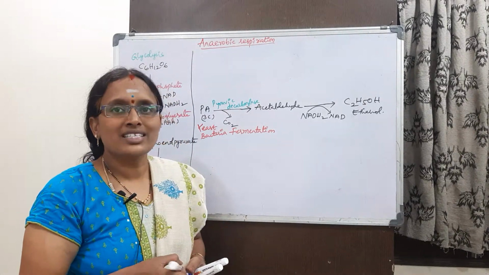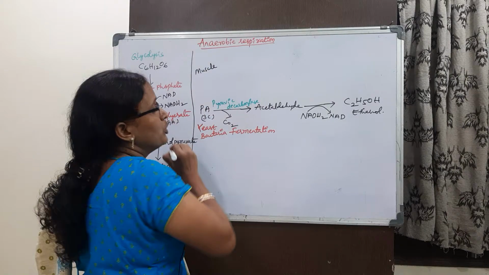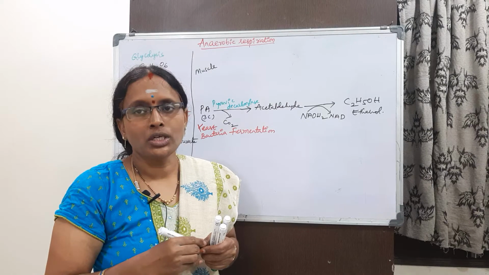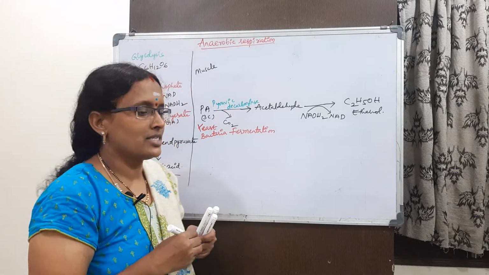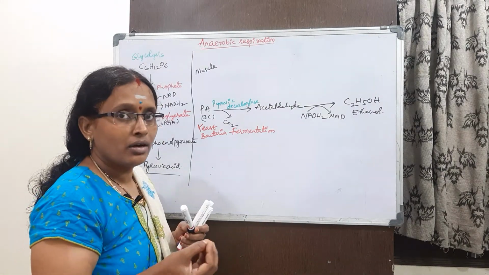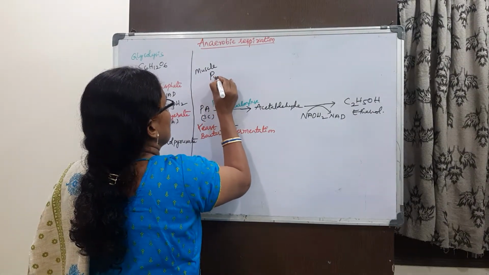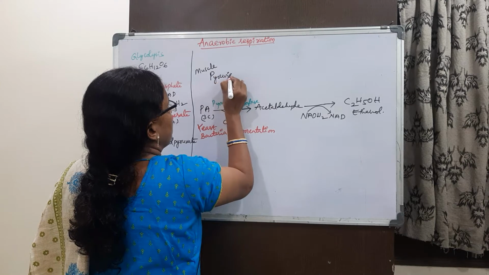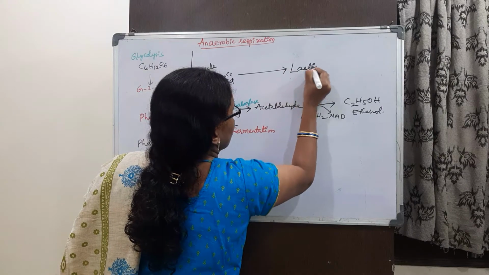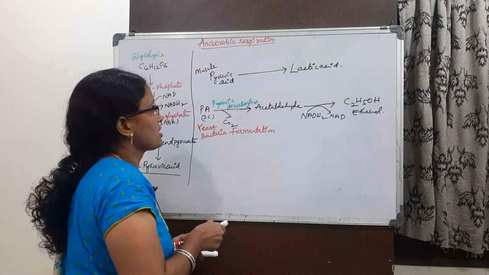And in the case of muscle cells, when we do lots of exercise, our cells undergo anaerobic respiration and produce lactic acid. If this takes place in the muscle cells, pyruvic acid is going to produce lactic acid. The enzyme is lactic dehydrogenase.